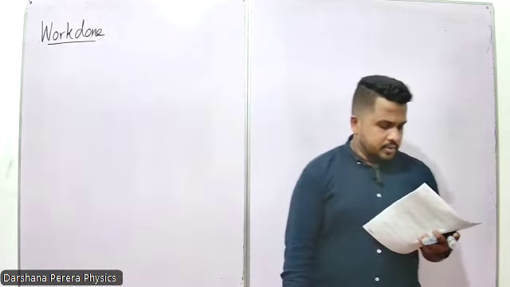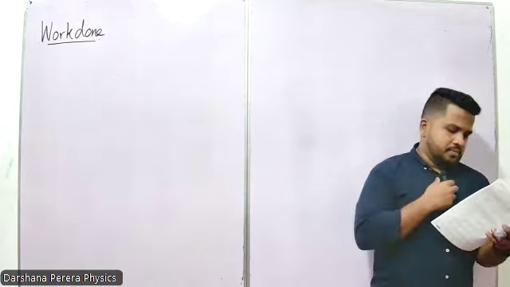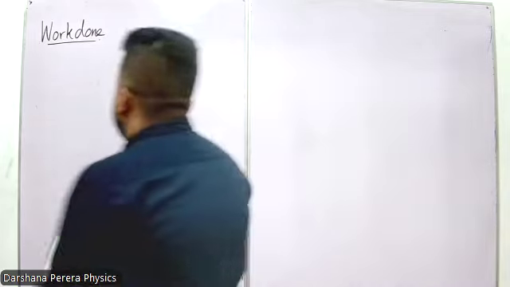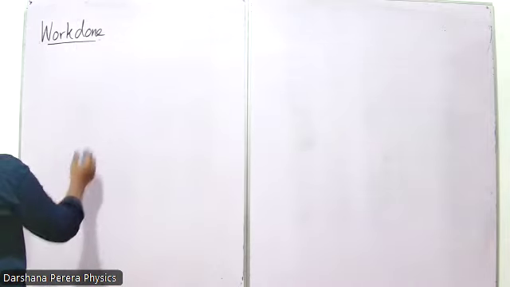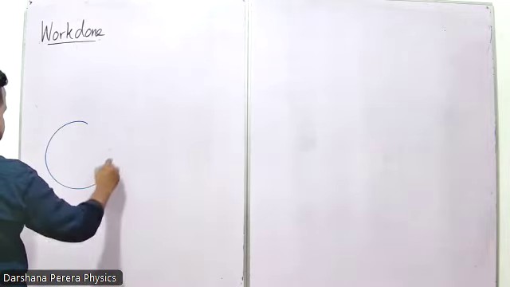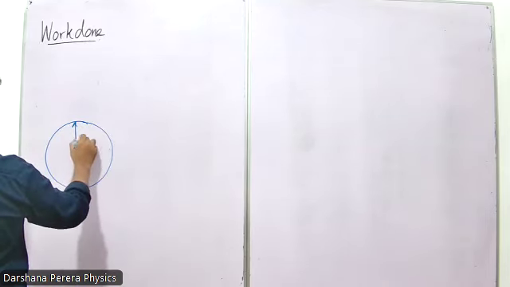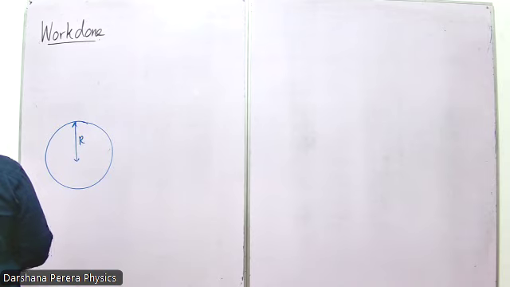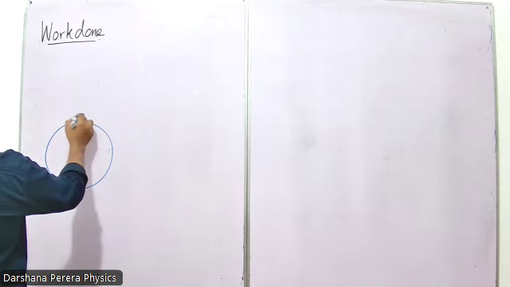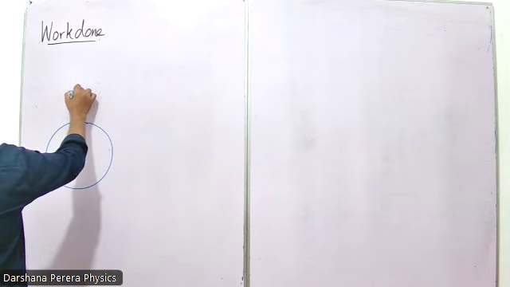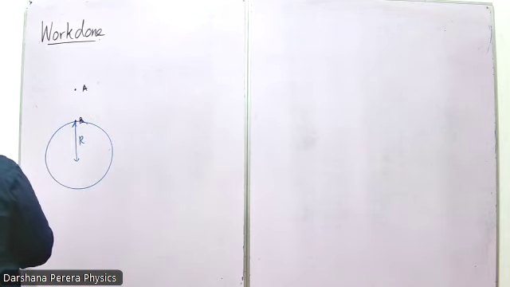Right. So I take the earth, which has radius capital R, and I have to move some mass from B to A, right?